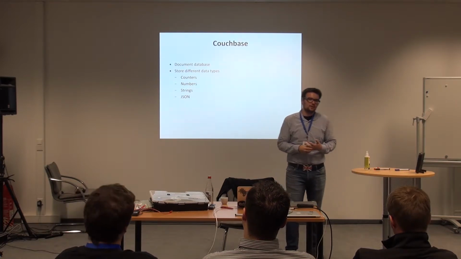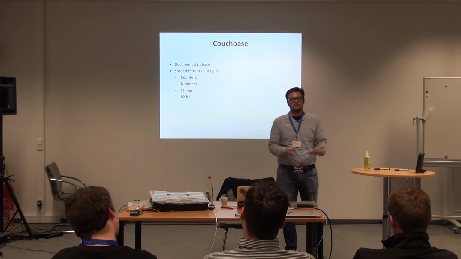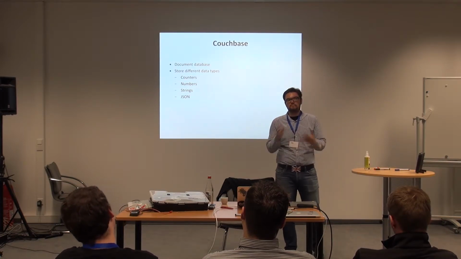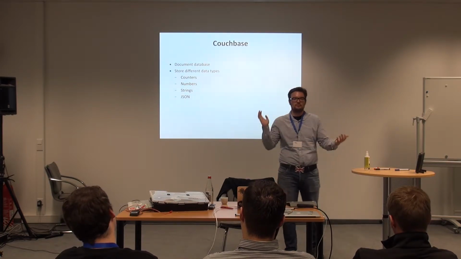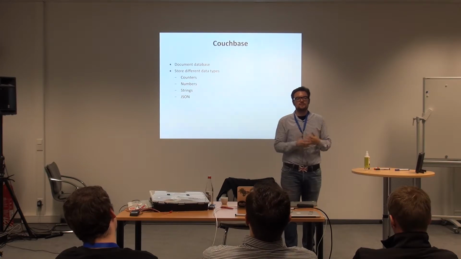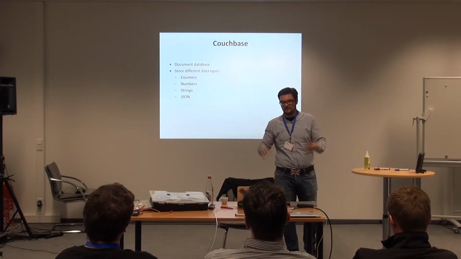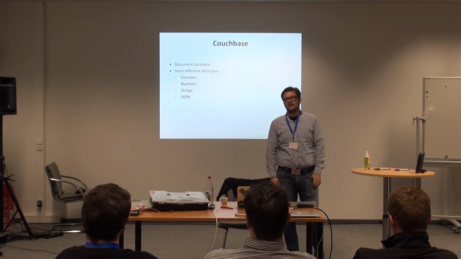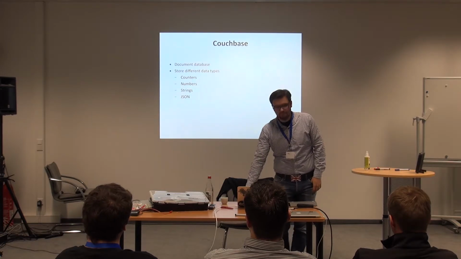We have special string support, so you can atomically append, prepend to strings, which is sometimes really useful if you, for example, want to build a quick list in memory. You can do this really easily by imagining a separator and just appending with that separator, and we have special support for JSON.